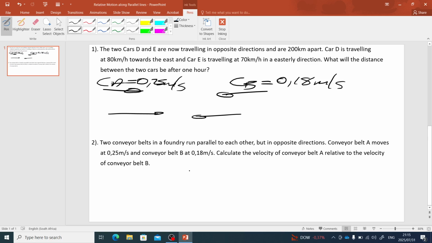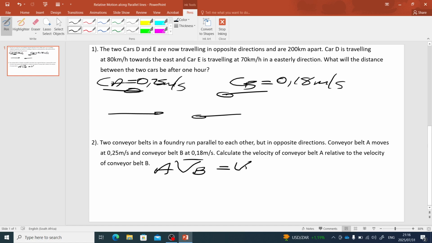The conveyor A will be in the positive direction, since we are not told if they are going east or west or north. We will assume that conveyor belt A is positive.